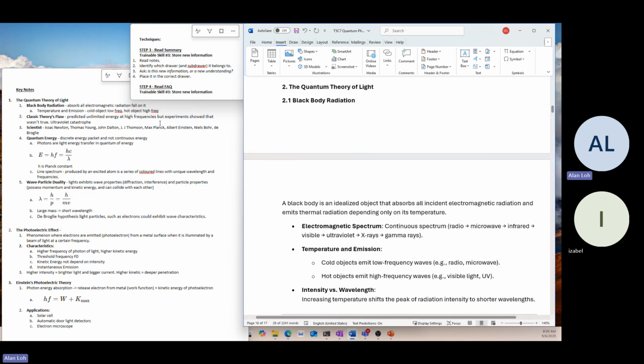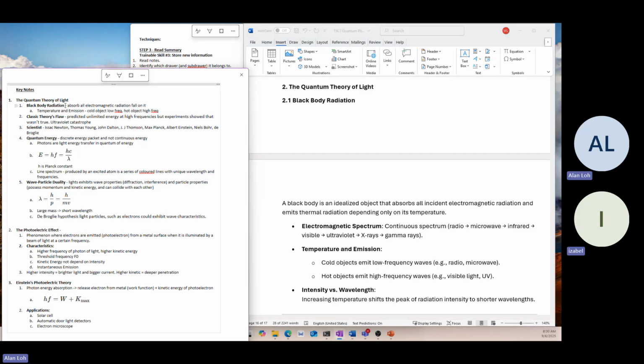Okay. Done. Now read this keynote again and see whether you understand it better than 10 minutes ago when you read the keynotes just now. Yeah, I do. Right. Okay. So that is the thing that we are trying to do here.